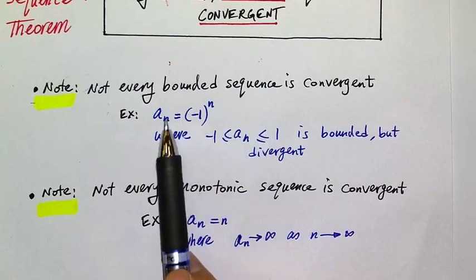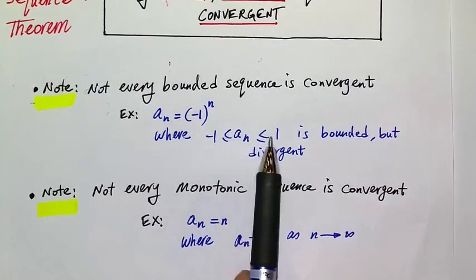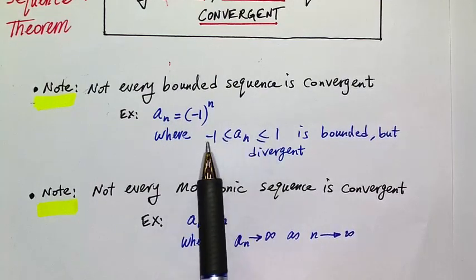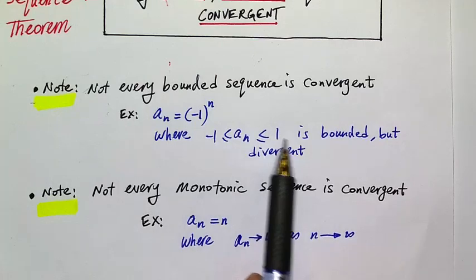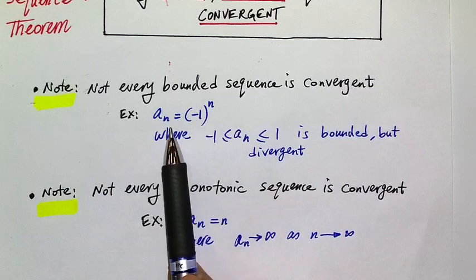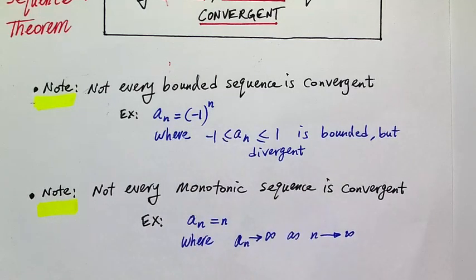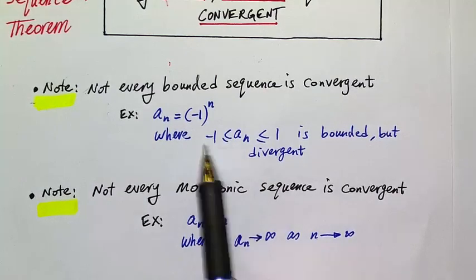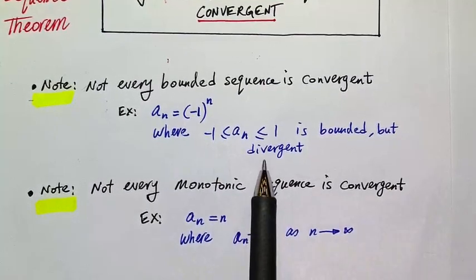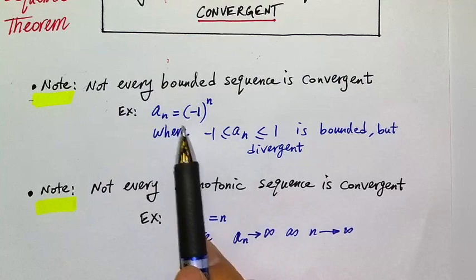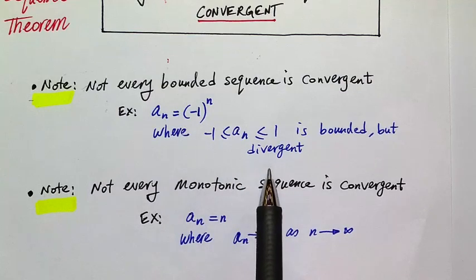So we know that the sequence is bounded. It doesn't go beyond these two lower and upper boundaries, but it's divergent because it oscillates between these two values. It doesn't converge to any one of those, but just oscillates back and forth. So that's grounds for calling this sequence a divergent one.